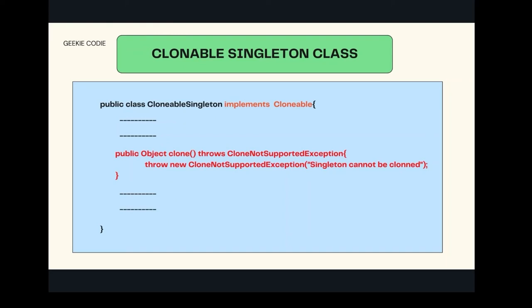We have to override the clone method of the Object class and throw the CloneNotSupportedException, because we don't want to create any other instance of the singleton class object. In this way, if anyone tries to get a clone of the singleton object, they will not be able to do so and will get the exception that singleton cannot be cloned.